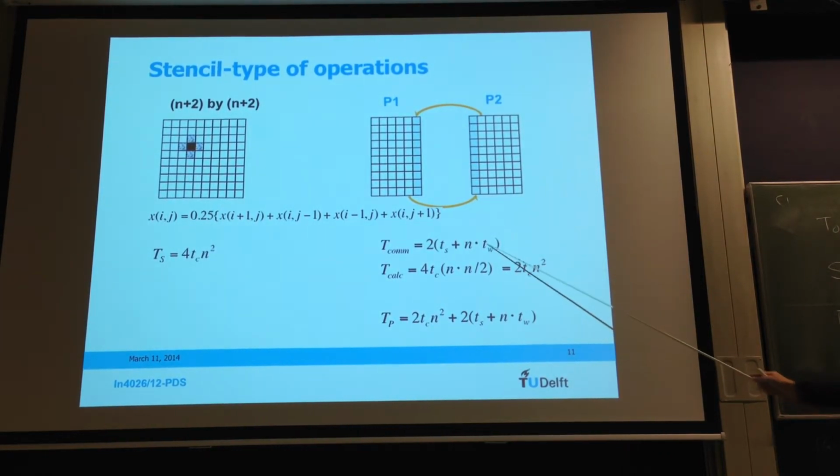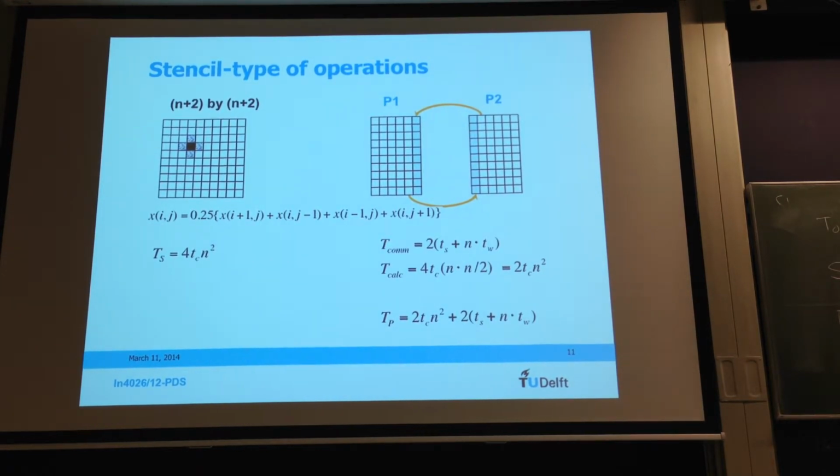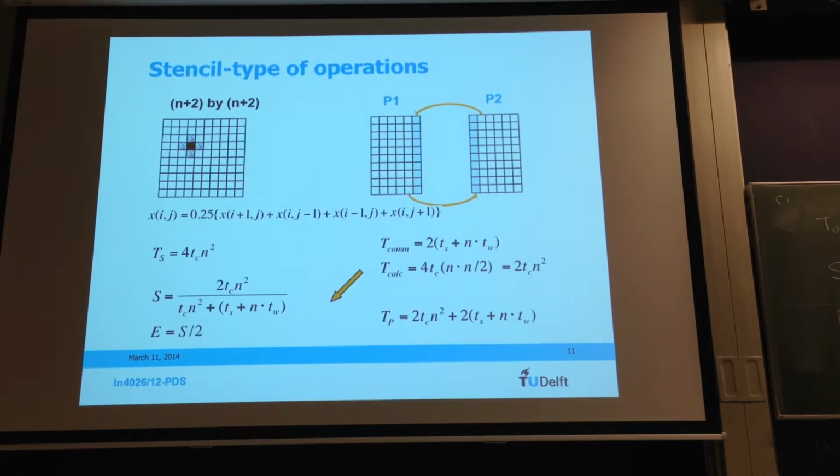And if we take these two together, we end up with the parallel execution time. Right? Well, if we fill this in, we can have an expression for the speedup. So in that sense, we can manipulate with these formulas to see that we can also do it for a more complicated example.